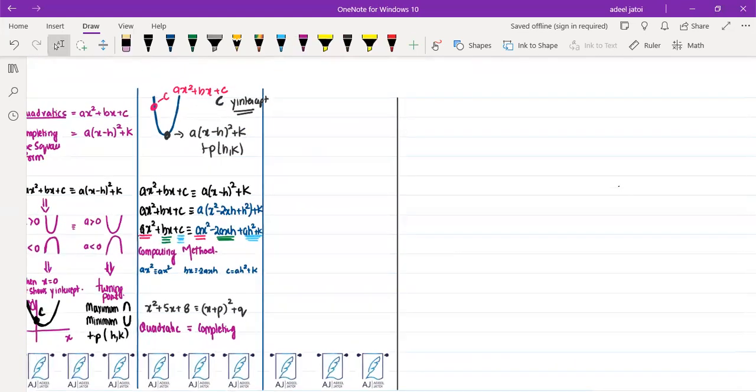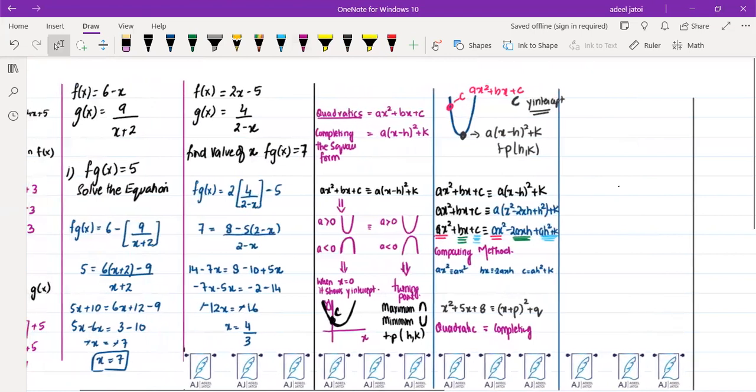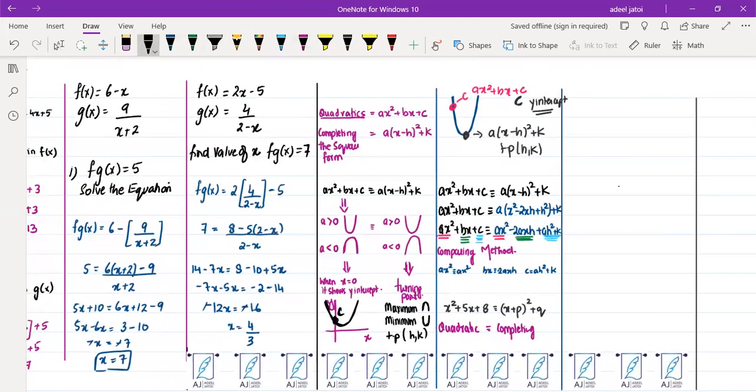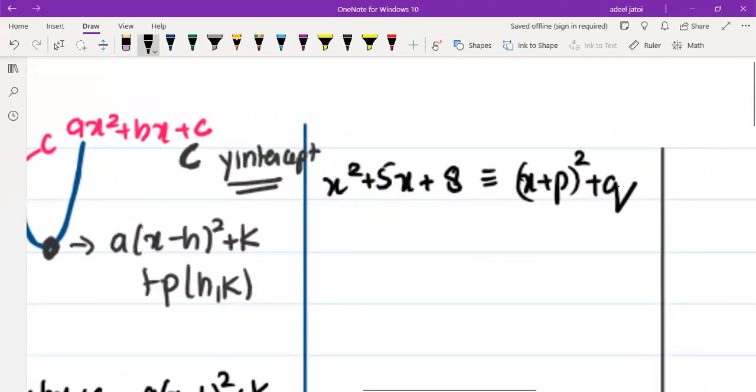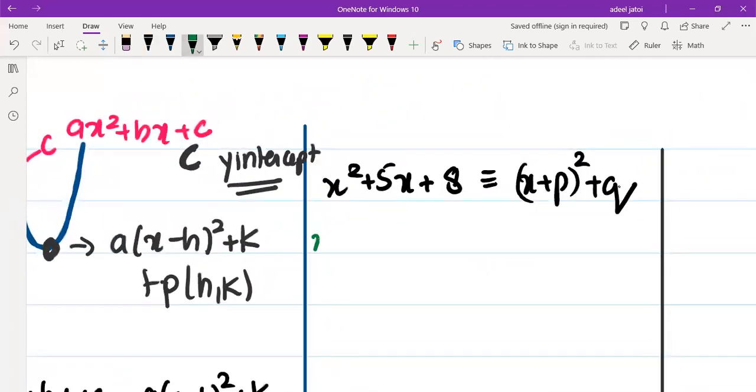So let's work out the given example question, x squared plus 5x plus 8. If we open this, (x plus p) whole square plus q, this should be x squared plus 2xp plus p squared plus q.